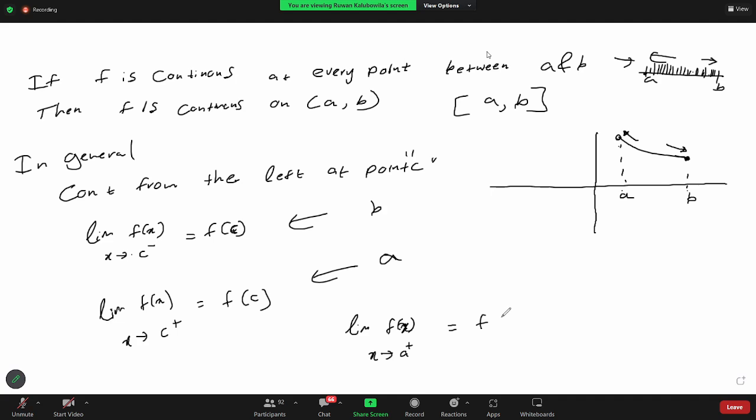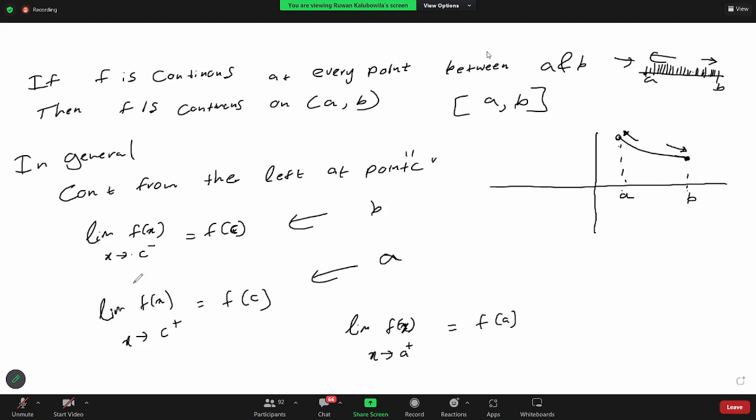This should be equal to f(A) if this point is continuous within this range. We are considering the endpoint only, because we can check other points using the previous test, but here we define a new rule to check the endpoint.